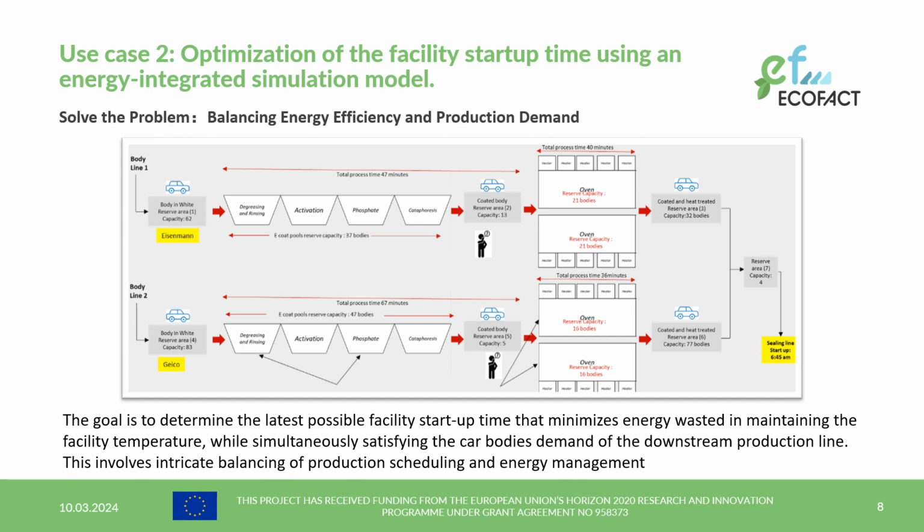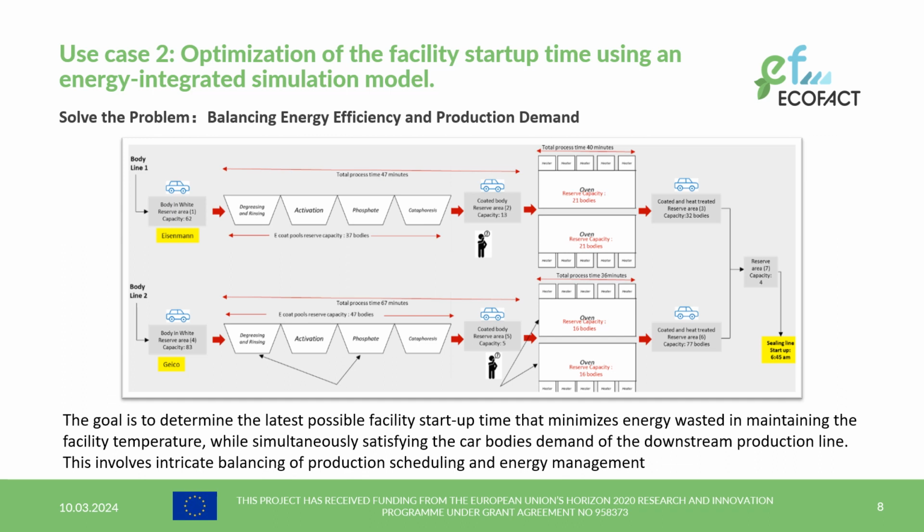There are two important car body reserve areas which have an impact on the line startup time. The first area is located shortly after entering the Eisenmann line, which is reserve area 1, while the second area is before exiting the line, reserve area 3. The pool and oven must be preheated to a specific temperature before production, and the duration of heating varies depending on the facility temperature and ambient temperature.